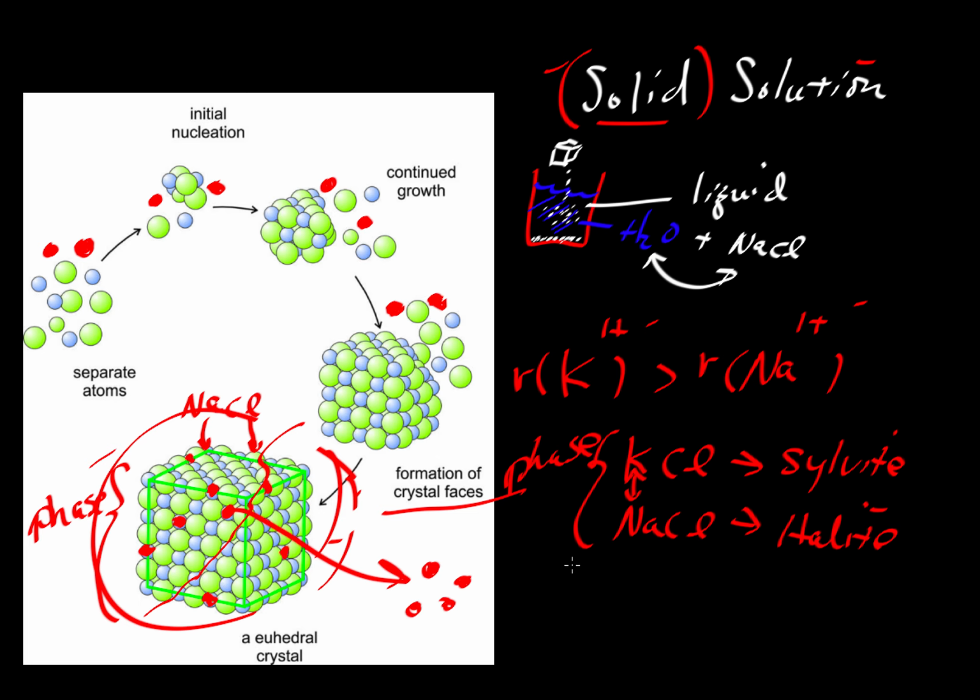So we would have one phase, we would have to call it a different name. We could simply call it a chloride mineral of some kind, and that chloride mineral would have two components. It would have potassium chloride and sodium chloride components. This is the beginning of our introduction of the idea of components, which we'll look at later in other videos.